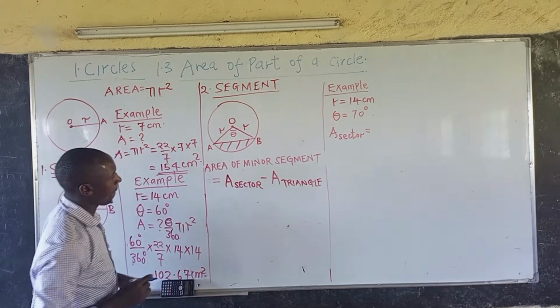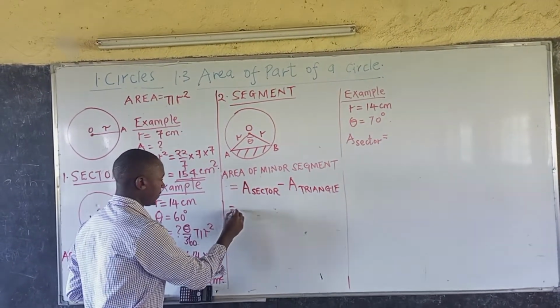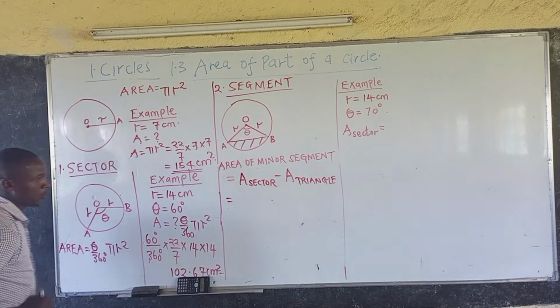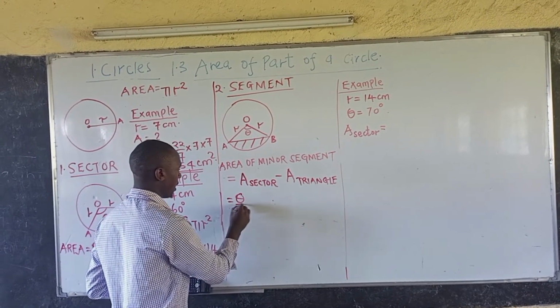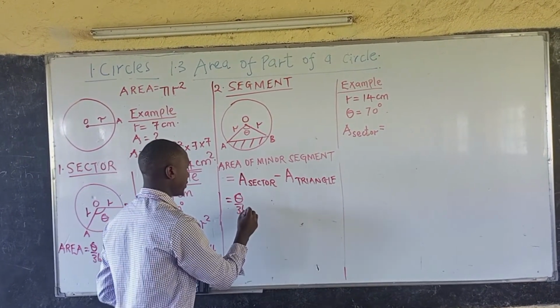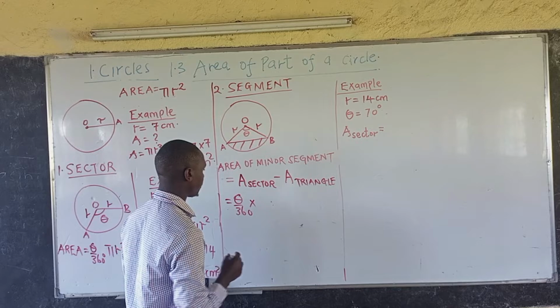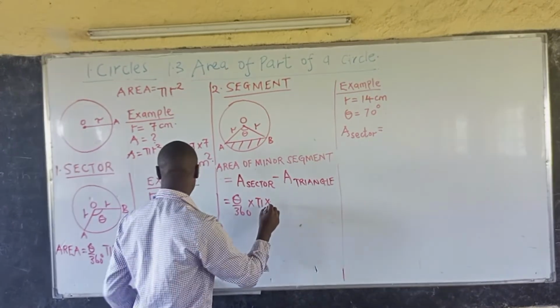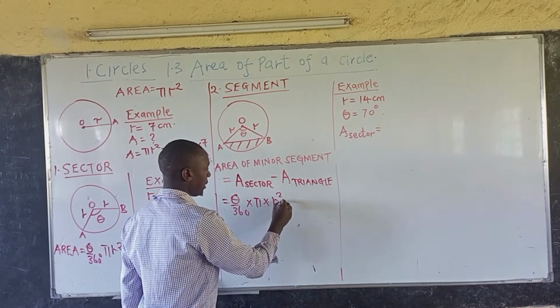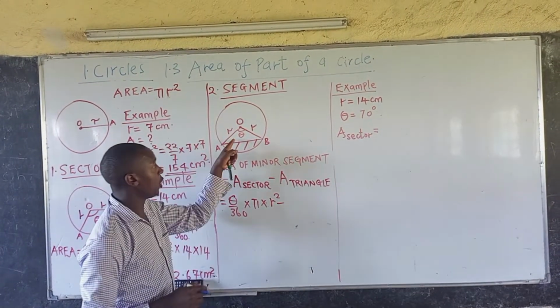And of course, the area of the sector is theta divided by 360 degrees, multiplied by pi, multiplied by the radius squared, and we subtract the area of the triangle.